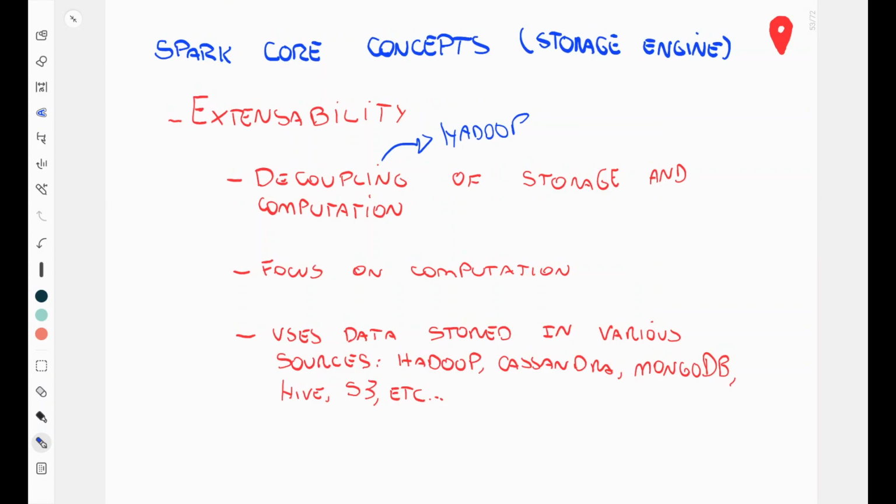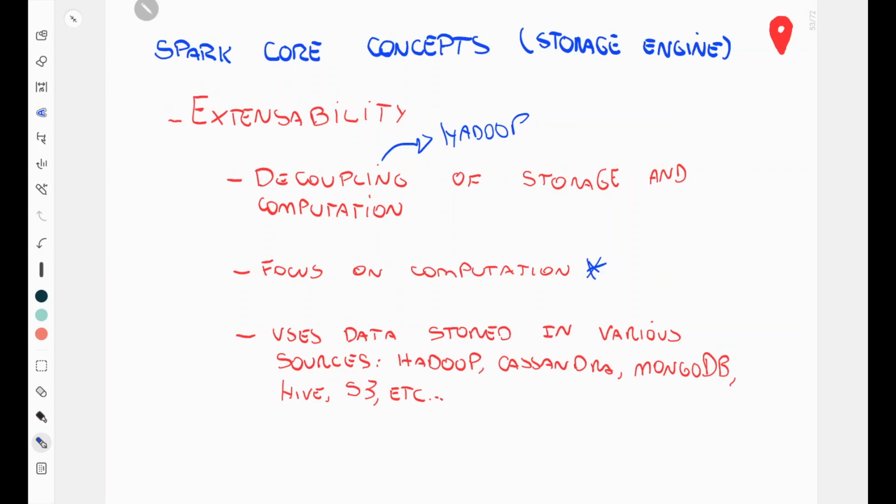As it is more interesting to have only one focus, because then you have a better tool for one specific thing, they did that, and they focus on computation, and you can use data stored in various sources.